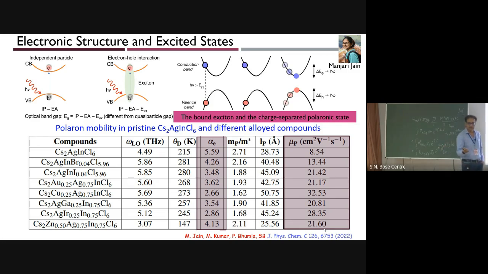If you compare it with the normal MAPbI3 material, then these numbers are very, very low. So that's sort of the problem, and how you can tune these electron-phonon interactions, that's the next level of challenge.